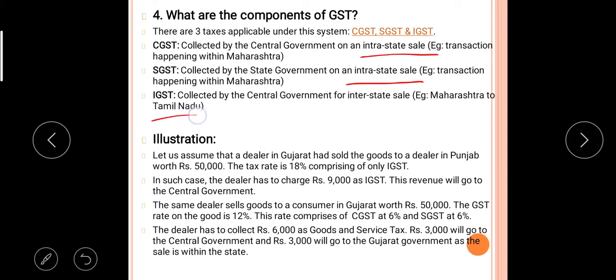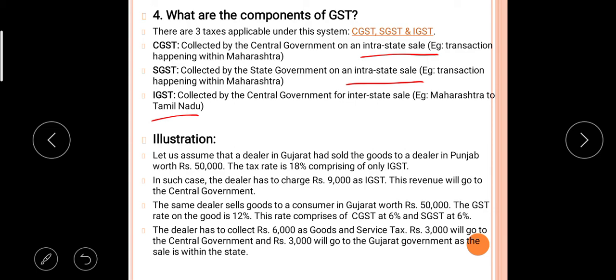Then what is IGST? It is an integrated GST. Integrated means interstate, means one state to another state. For example, Maharashtra to Tamil Nadu, means I am purchasing a product from Tamil Nadu.